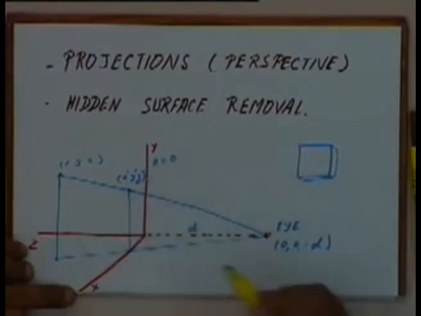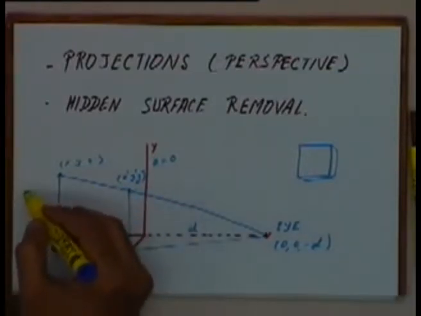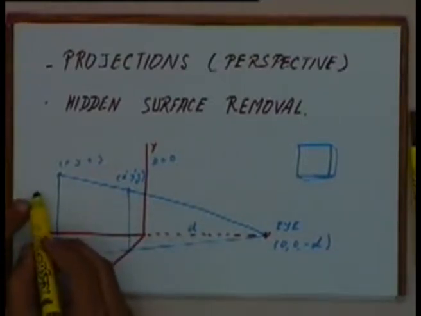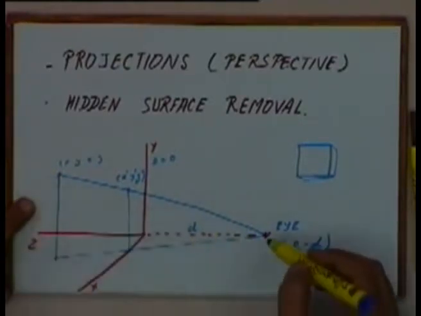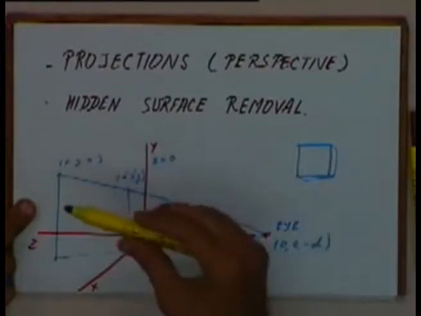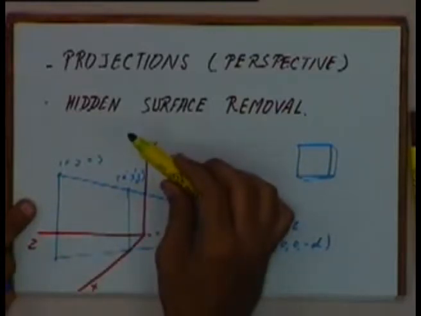So obviously z prime will be equal to 0. This way, if you have a set of points, they will all get transformed such that if I join that point x, y, z to the location of the eye, the intersection of this line with the xy plane is going to give us the transformed point.